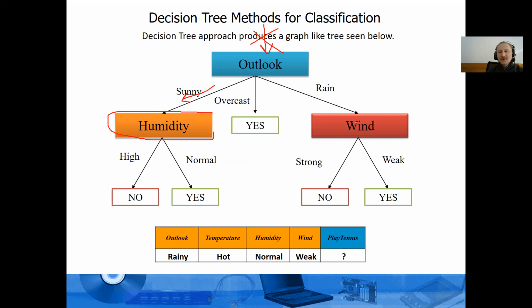If you are here, you will test if wind is strong or weak. This is the test condition. These two are test conditions for these nodes. A terminal node is a decision. Yes, a terminal node has a decision. If you reach here, this means you find one decision, yes or no.